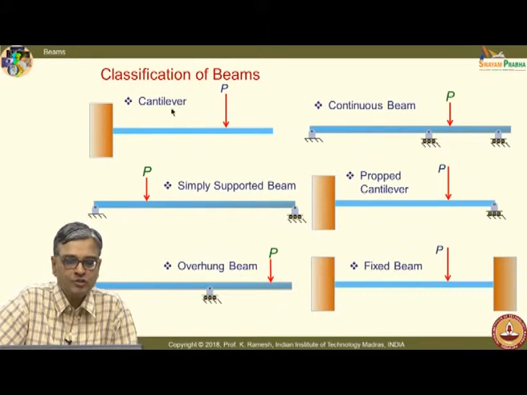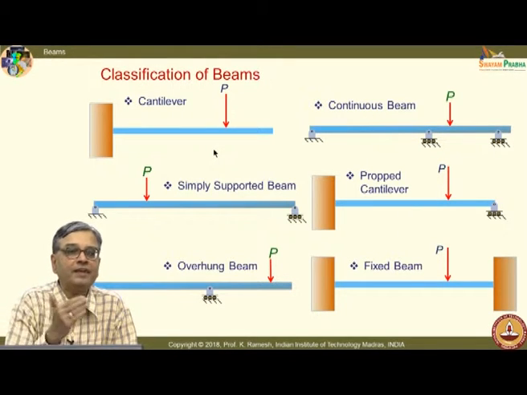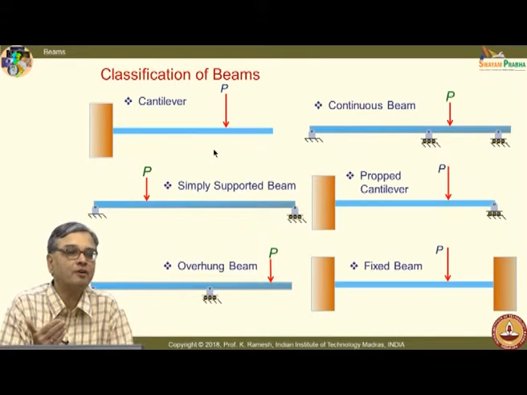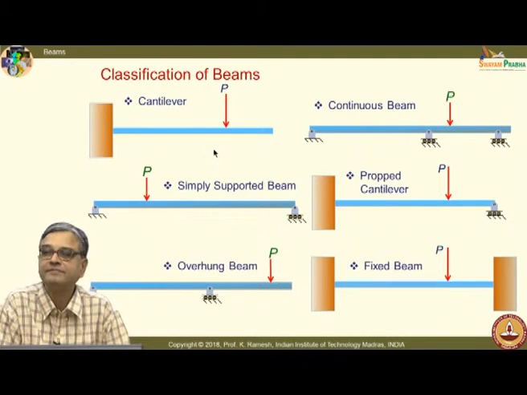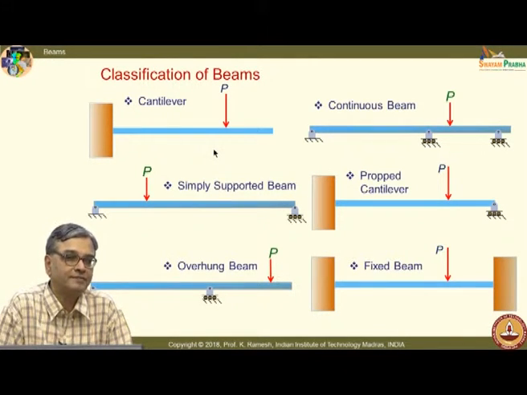If you closely look at the way I have listed the beams, do you think that you can learn something more from the way they are classified, from whatever you have learnt earlier? See, in this course, we assume everything is rigid, and I use equilibrium equations, and this is a planar situation.